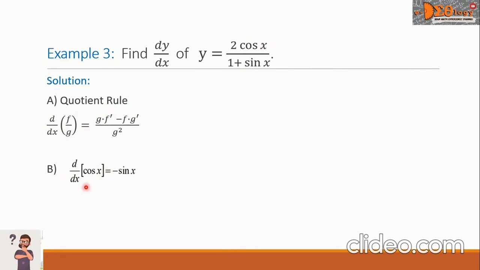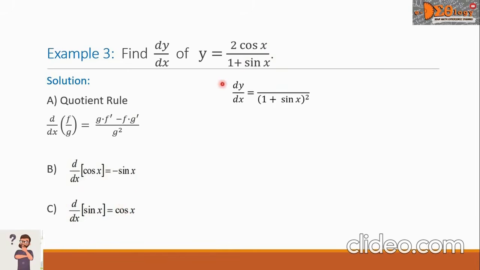So we write here d over dx of cosine x. This is equal to negative sine x. Next is the derivative of sine x. So d over dx of sine x equals cosine x. We are now ready to write the solution for the derivative.